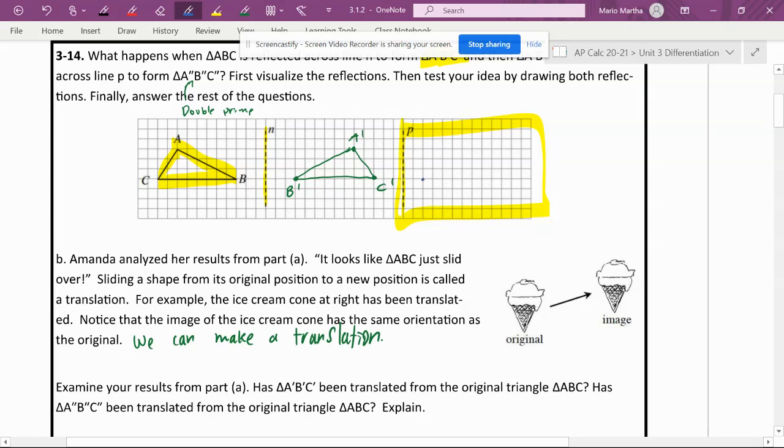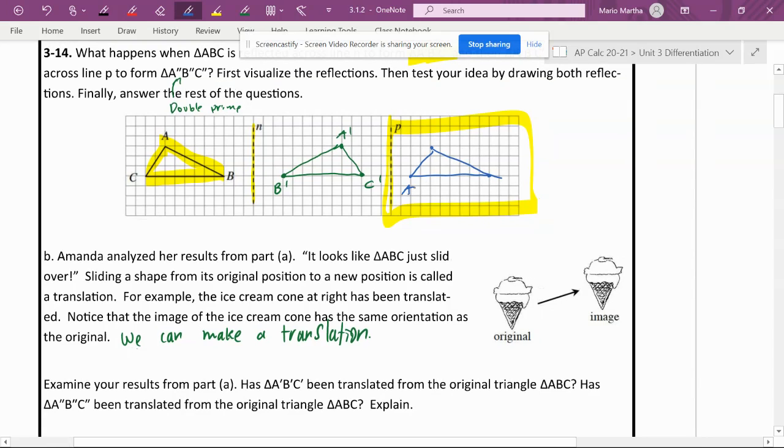So that one's going to be here. And that's our double prime. All right.